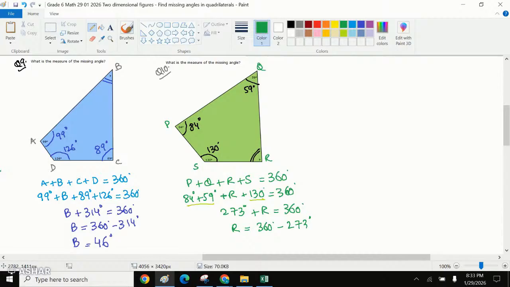Yes, thank you, Ashik. And angle R comes out to be 87 degrees. That is still acute. Agreed? No, Princely, acute.